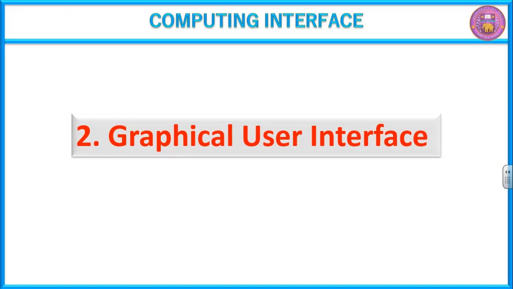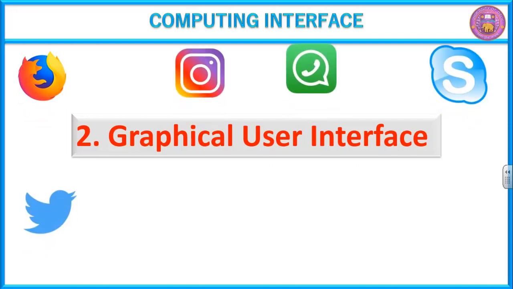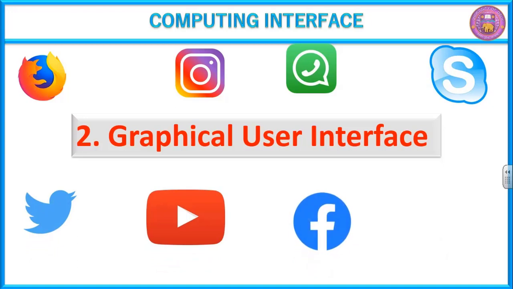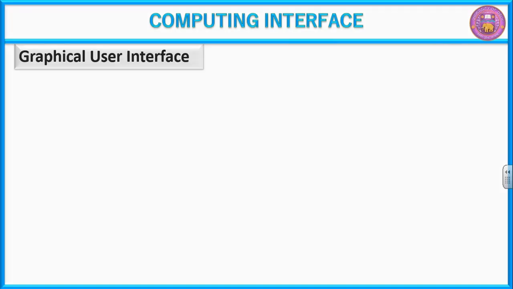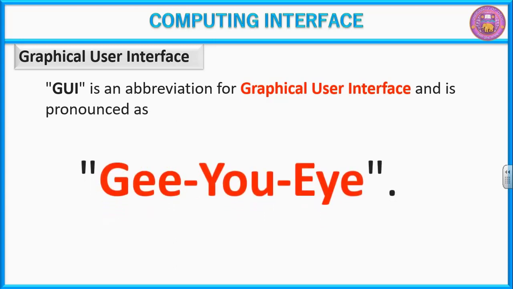The second one is graphical user interface. All these are examples of graphical user interface. GUI is an abbreviation for graphical user interface and it is pronounced as GUI.